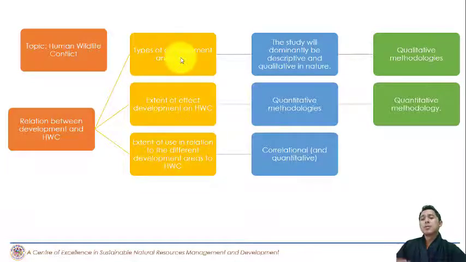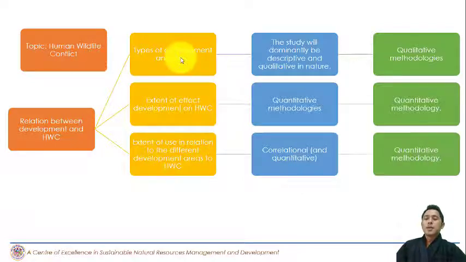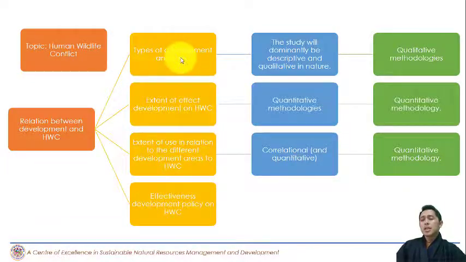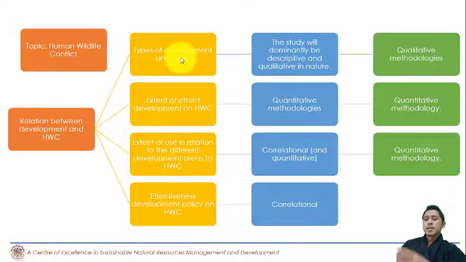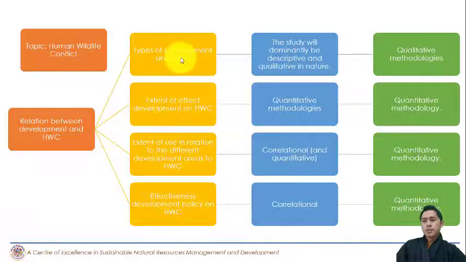Here you're looking at the association part or the correlational part, and again we are going to use quantitative methodology. If you have to look at the effectiveness of different developmental policies on human wildlife conflict, again we are looking at the correlational aspect. Again, that's quantitative.